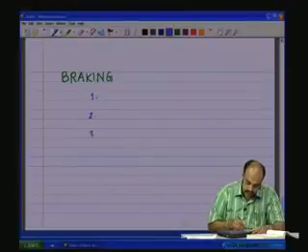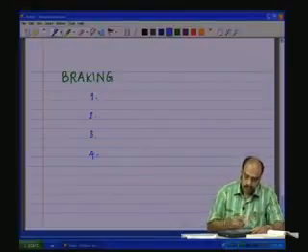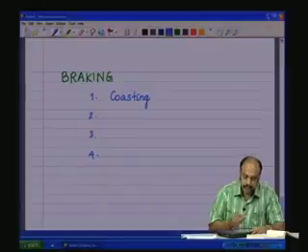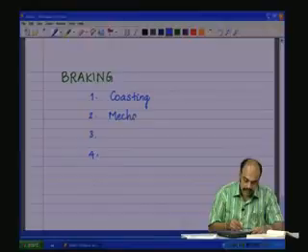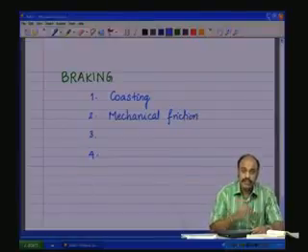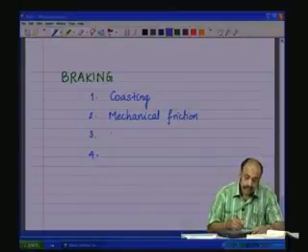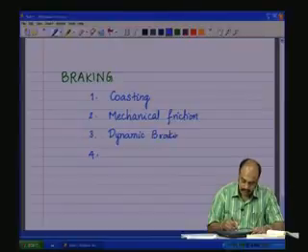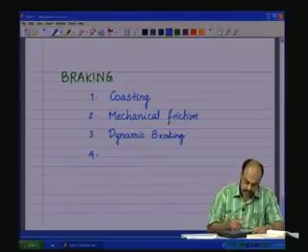The first one is the simplest, which we call coasting. The second one is by applying mechanical friction on the mechanical side. The third one, on the electrical side, is applying a load, which is called dynamic braking. And the fourth one is called plugging.